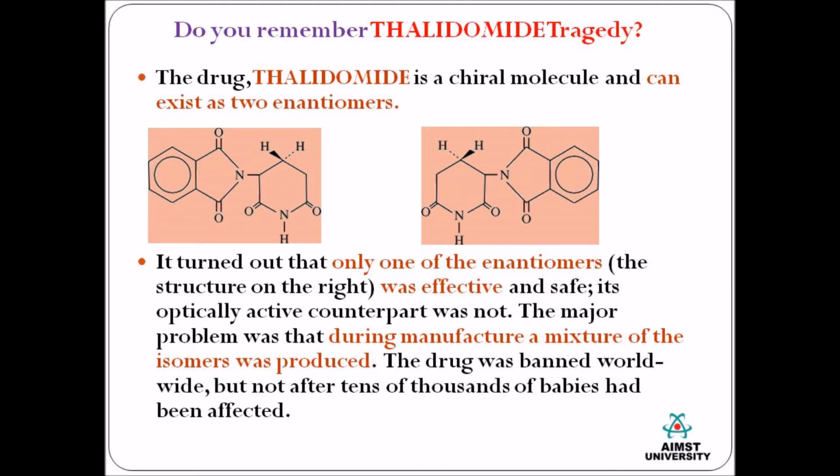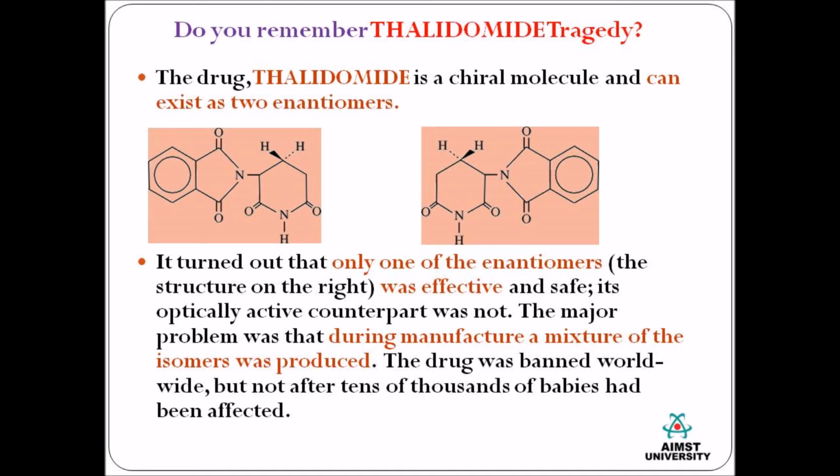Tragically, many gave birth to children with deformities and also missing limbs. You can see two structures in this presentation. It turned out that only one of the enantiomeric forms was effective and safe. Its optically active counterpart was not.